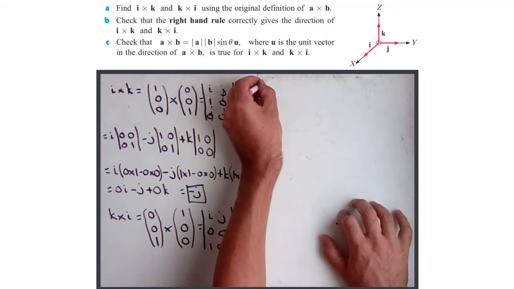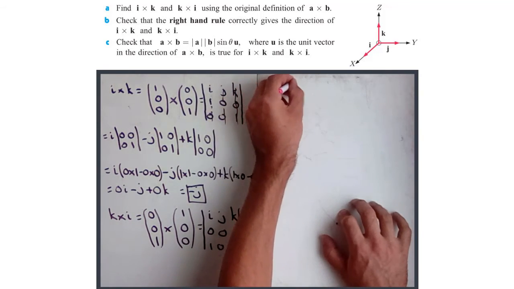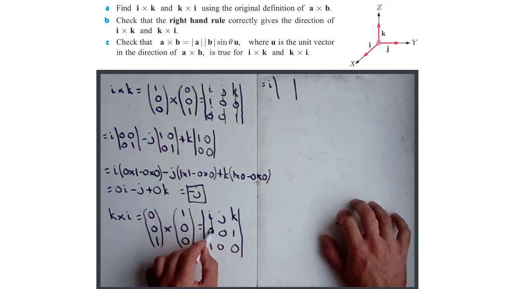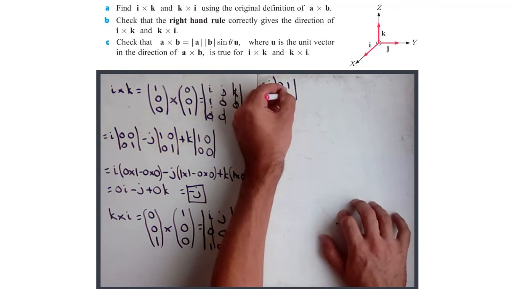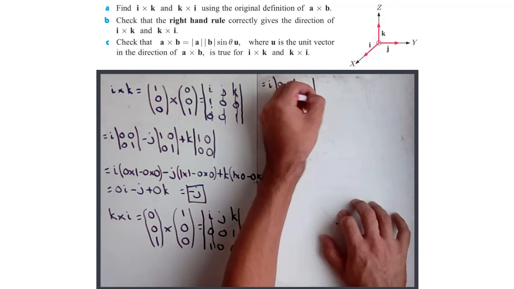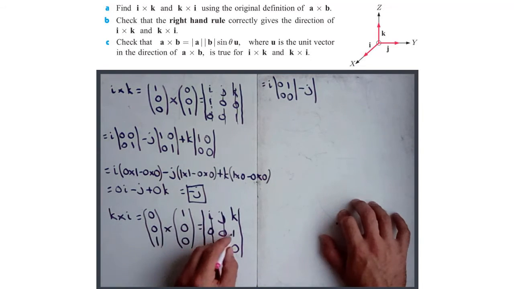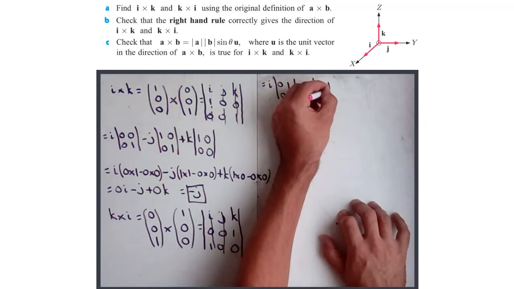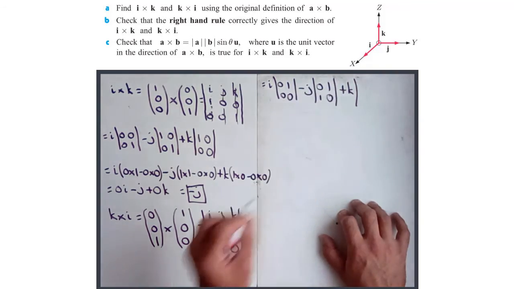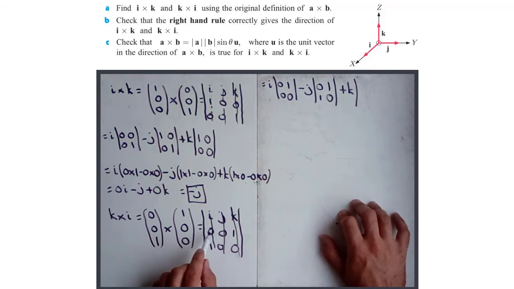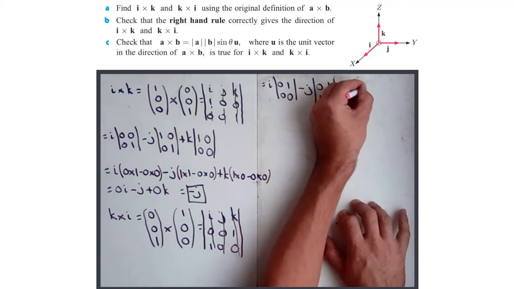So that gives us i times the determinant of 0, 1, 0, 0, minus j, always minus j, 0, 1, 1, 0, plus k times the determinant of 0, 0, 1, 0.